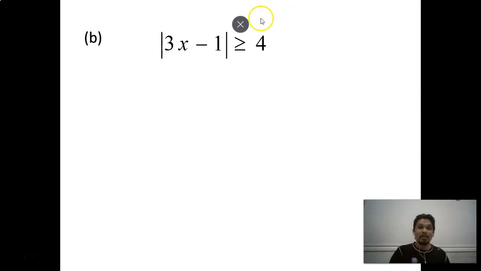Okay, now is greater than or equal. So greater than or equal, we get negative 4 and 4.